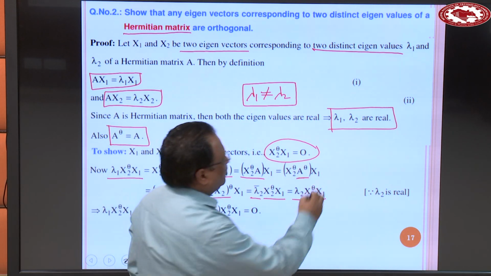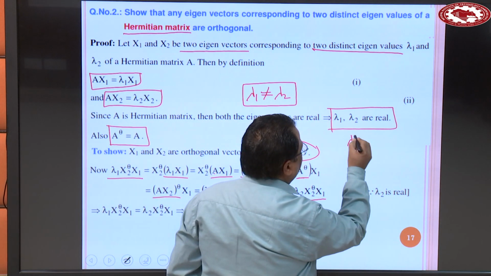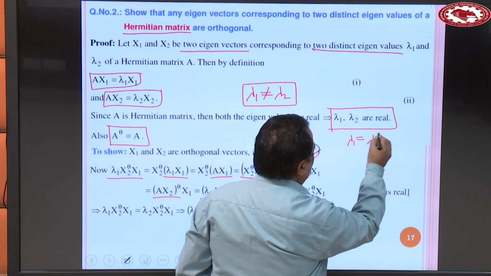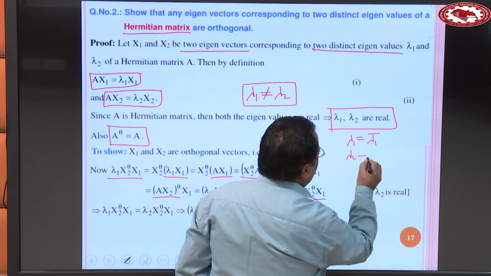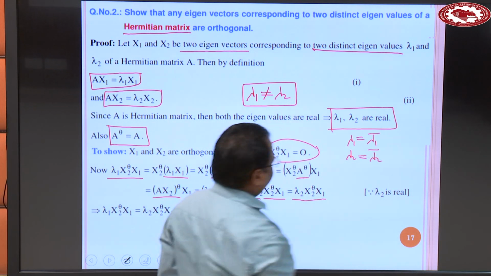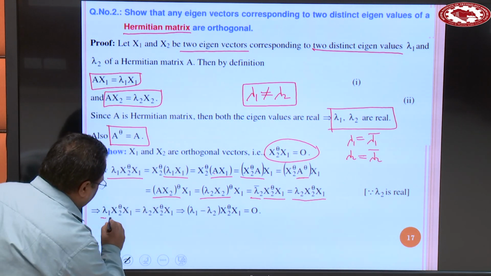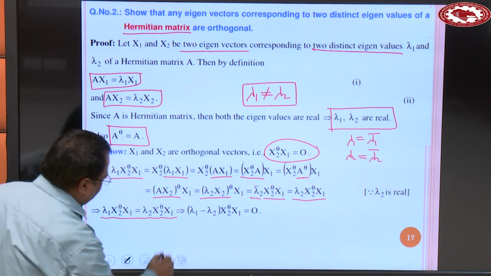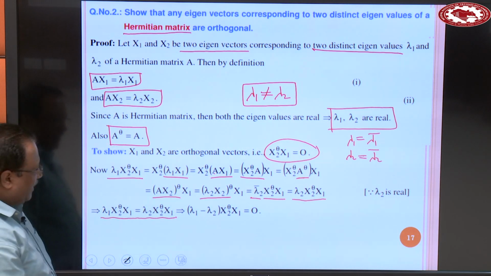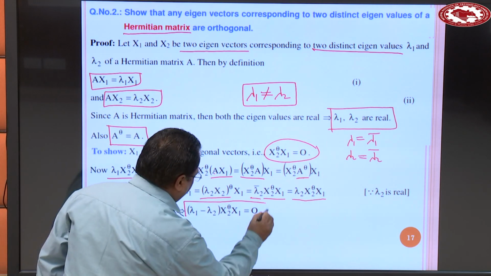So lambda 1 is real means lambda 1 is equal to lambda 1 bar, lambda 2 is equal to lambda 2 bar, clear? This means lambda 1 x2 theta x1 is equal to lambda 2 x2 theta x1, and finally we produce this type of result.